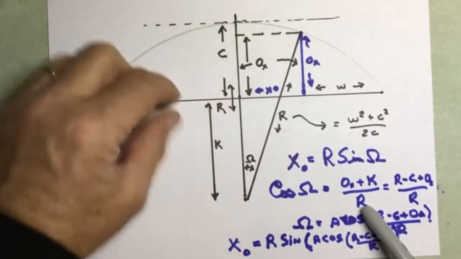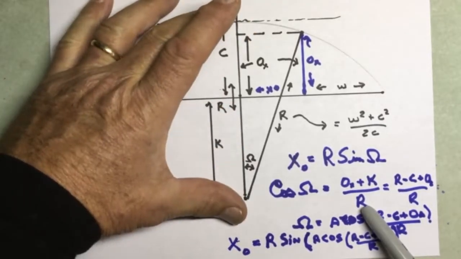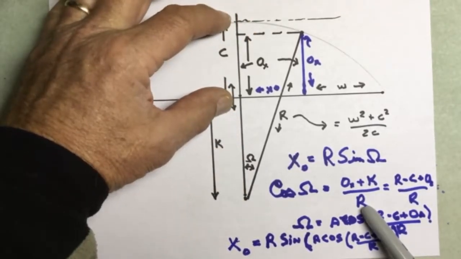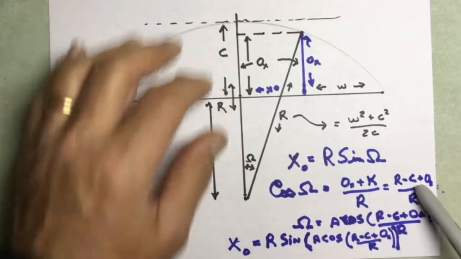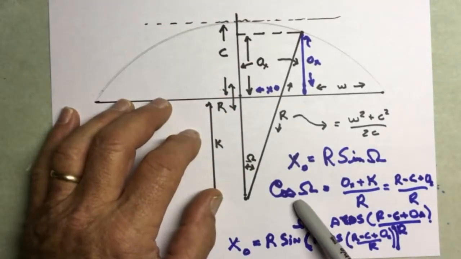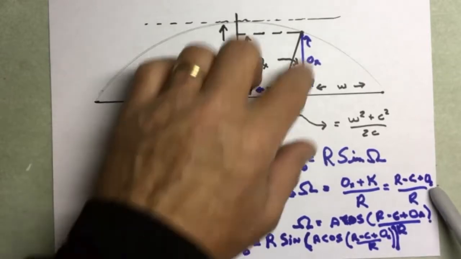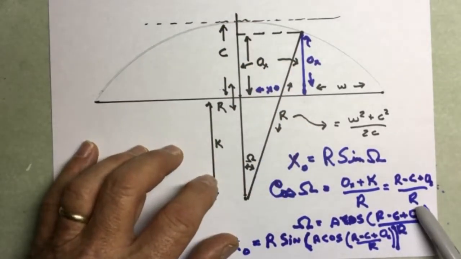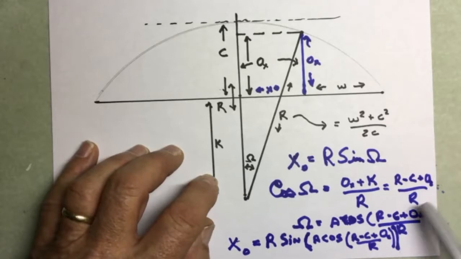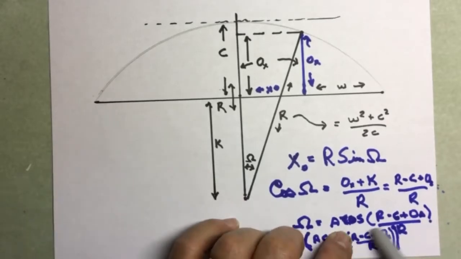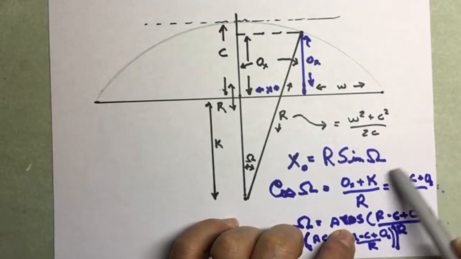And our cocamber is equal to the radius minus the camber, so we can substitute that in. And so we get the cosine of omega is equal to r minus c plus our offset height, all divided by the radius. So omega then is the arc cosine of that function.